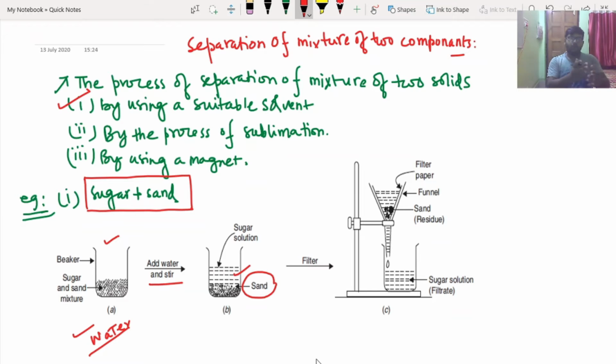Now we can filter this. While filtering, the sand, which is insoluble in water, will be removed as the residue.